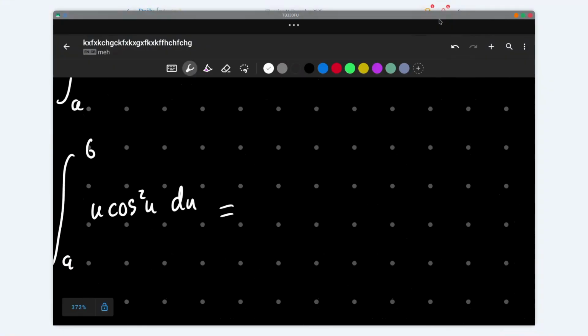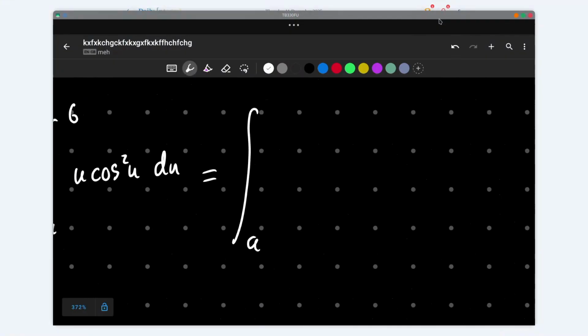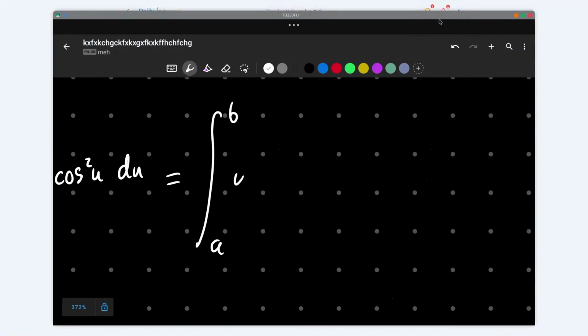Integrate that, differentiate that. So that's going to be 1/3, flip. Intermediate step: u over 2 plus 2u. I should have used different brackets.